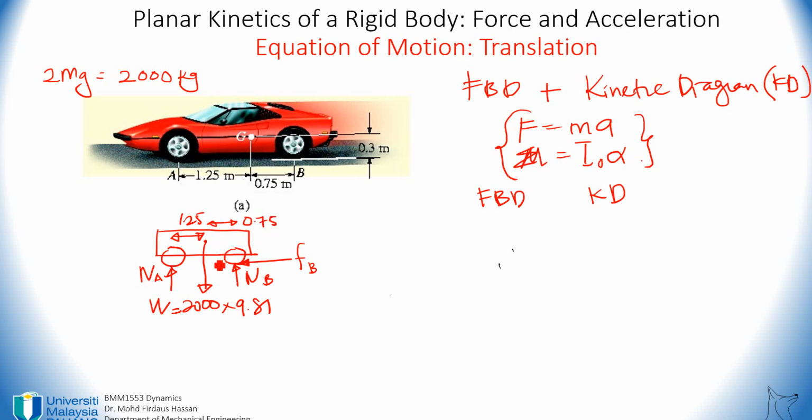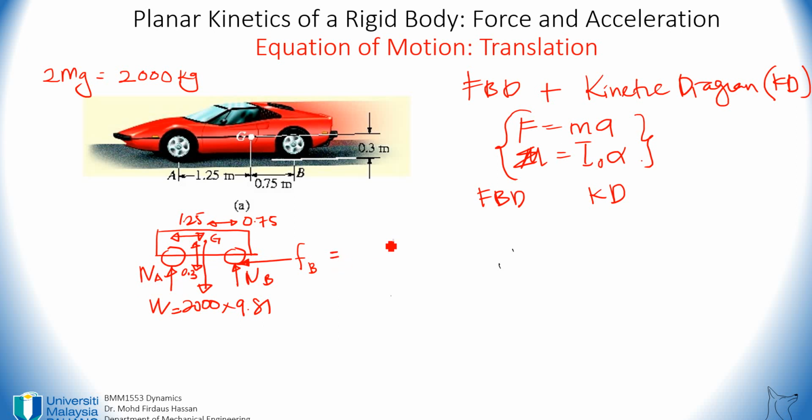This is G, and from G to B and A in the Y direction is 0.3 meters. The dimensions are not compulsory in the FBD. The most important things are the forces or moments, N_A, N_B, F_B and the weight.